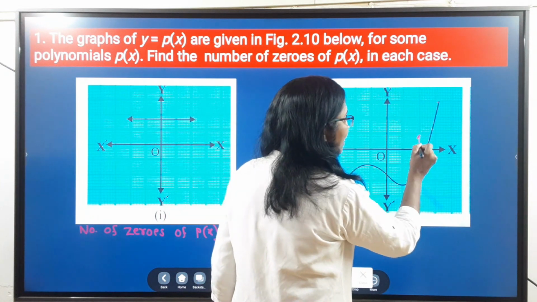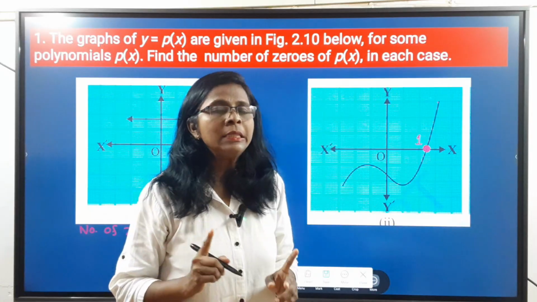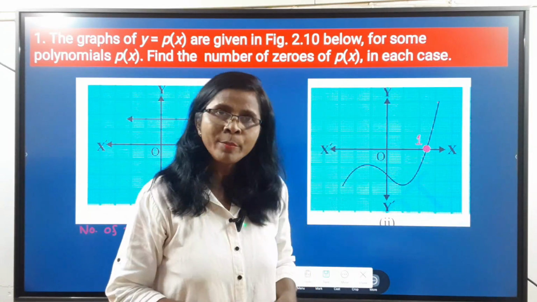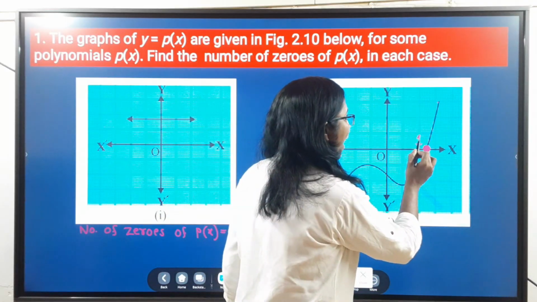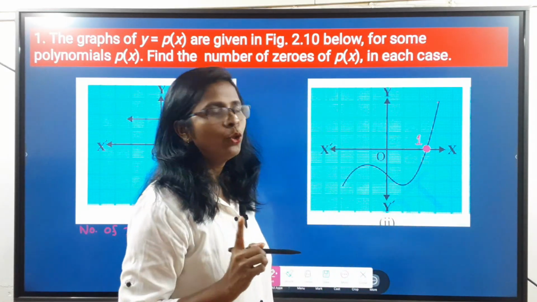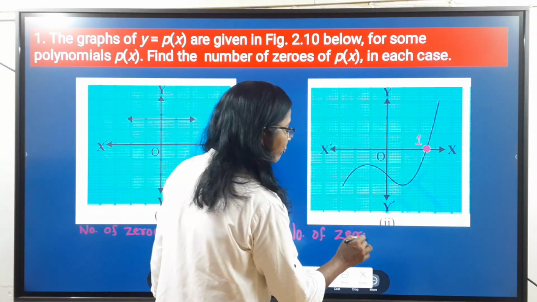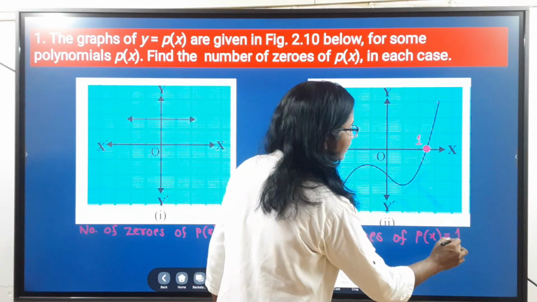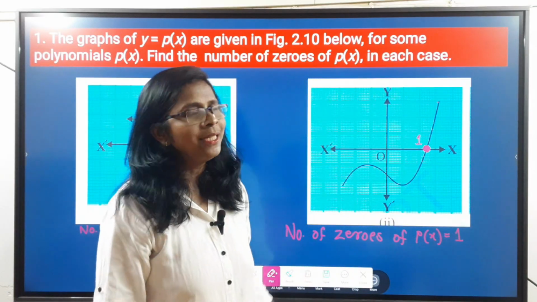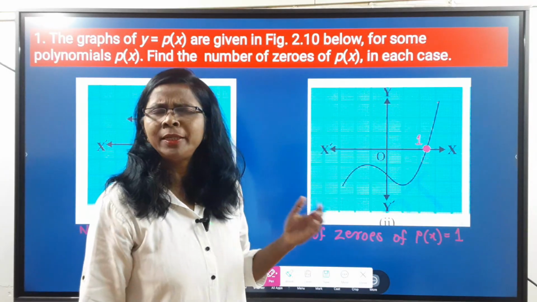So this one is the first point, that this curved line, which represents the polynomial p of x, intersects the x-axis at only one point. So that means here students, the number of zeros of p of x is equal to 1. Such types of examples are very easy students.